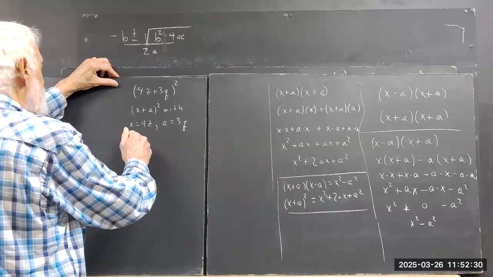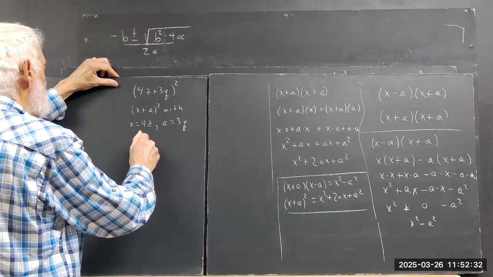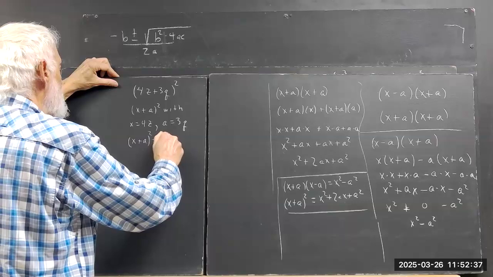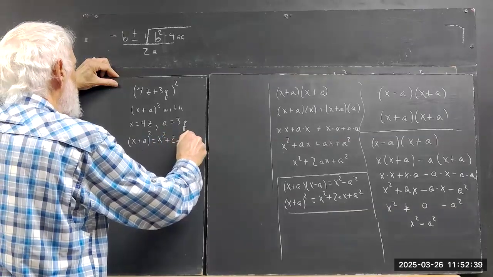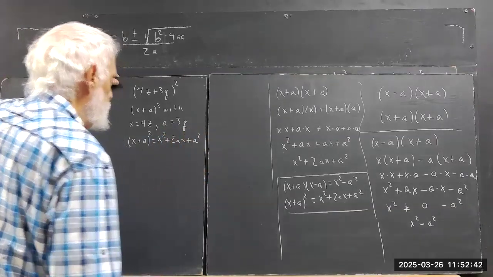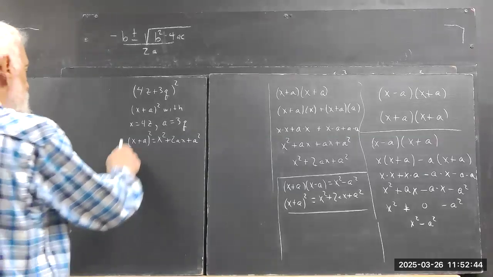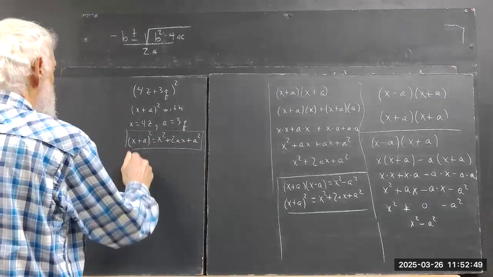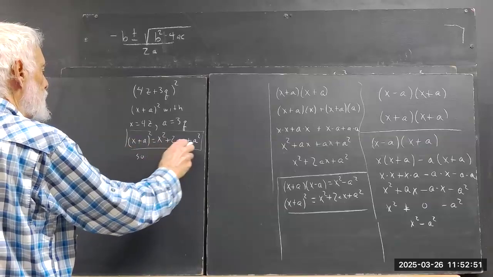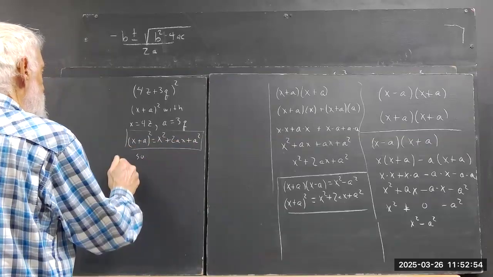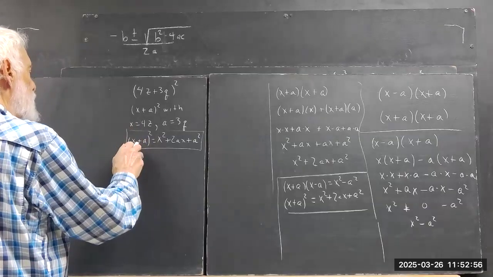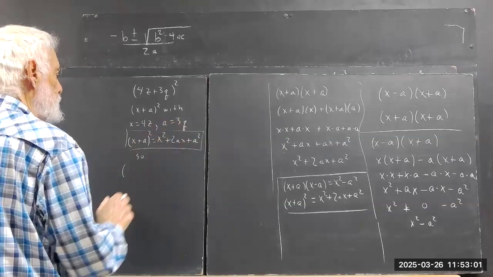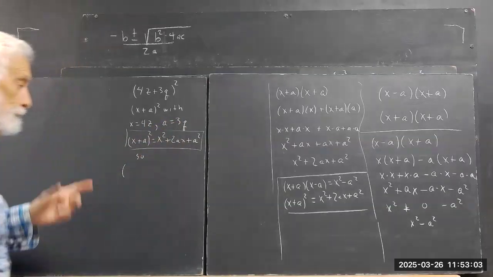Well, using the special product, x plus a squared equals this, it follows that if I replace all my x's by 4z and all my a's by 3q, well, do that.